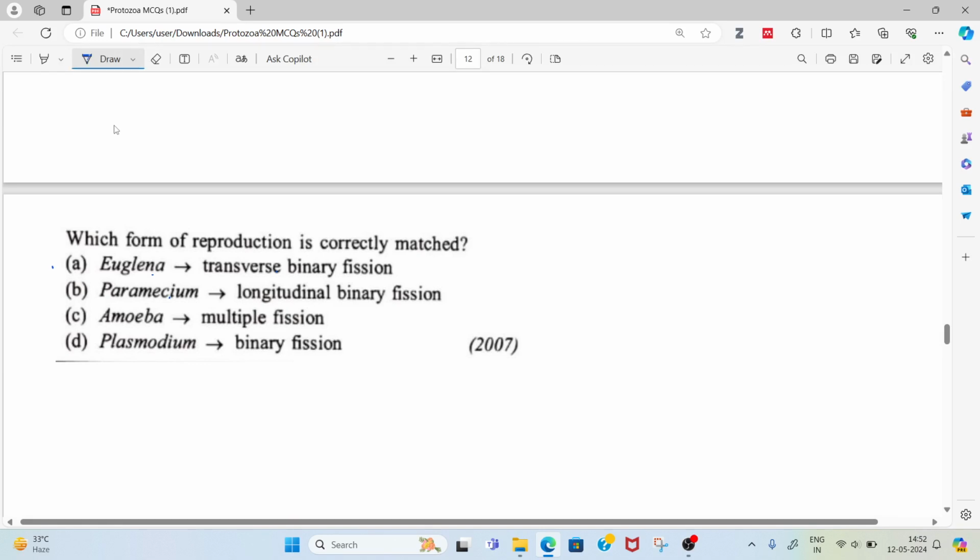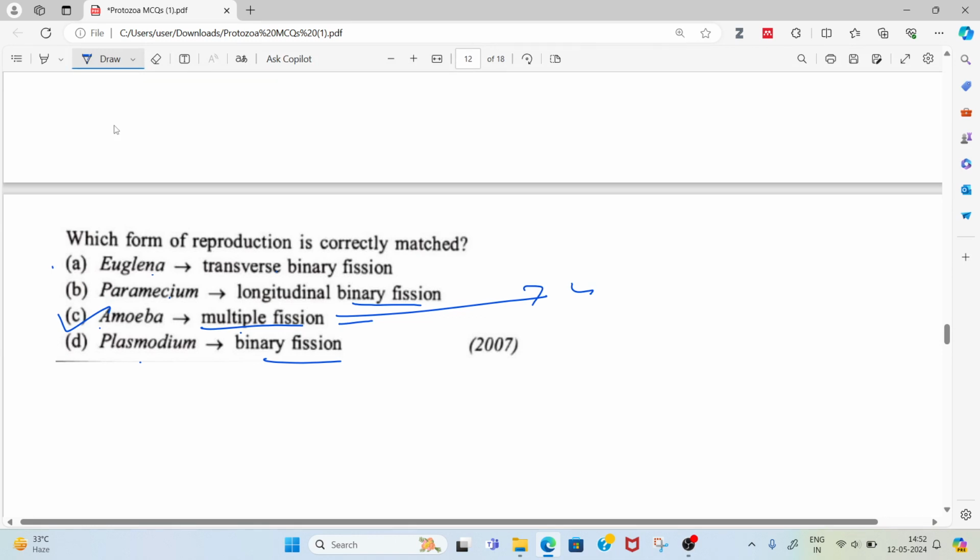Paramecium, longitudinal binary fission. Amoeba, multiple fission. And Plasmodium, binary fission. So the correct match is option C. Multiple fission is the correct answer, so Amoeba shows multiple fission.